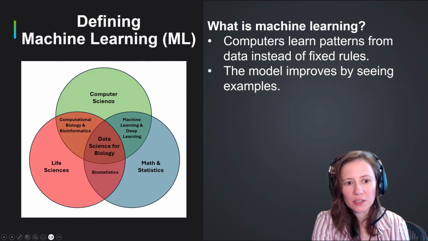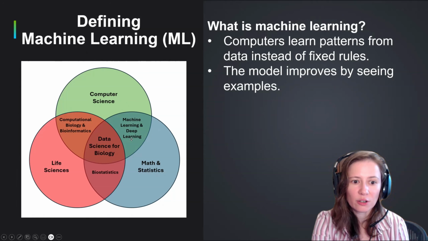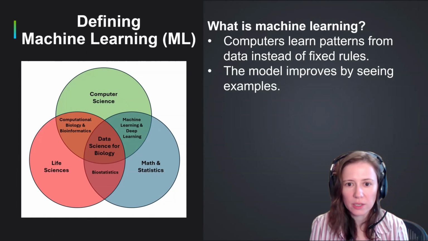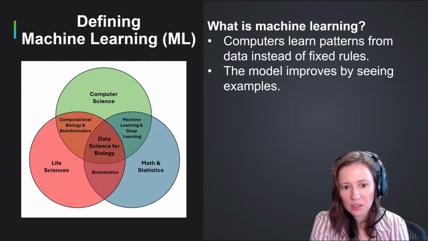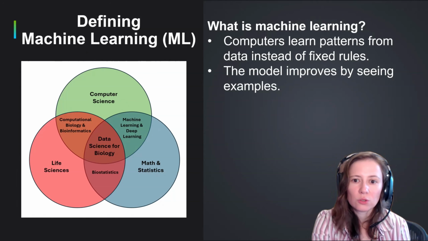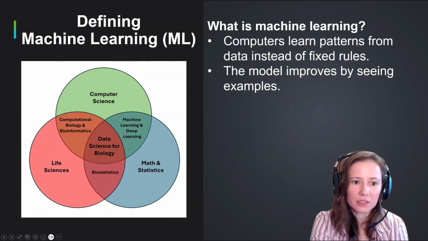And if you start combining math and statistics with computer science and developing machine learning models that can learn patterns from the data instead of establishing fixed rules like traditional statistics. So if you start to use algorithms and math to start learning patterns from your data, then you are starting to dive into the machine learning field.